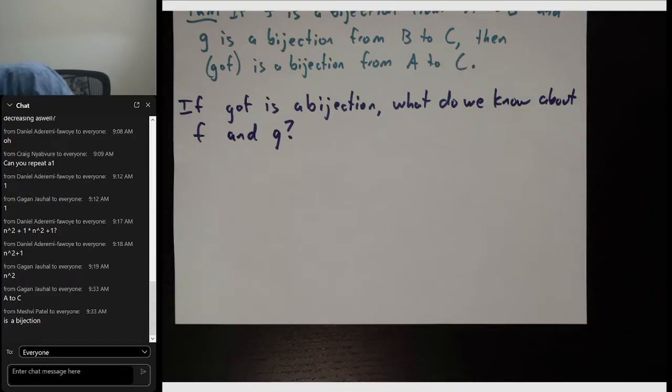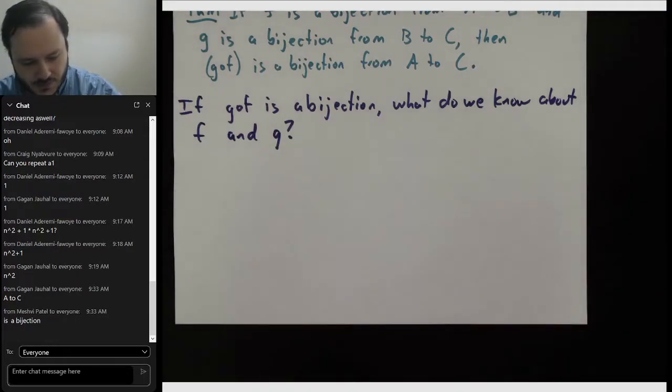Do we know that F and G are both bijections? Let me draw you some pictures.